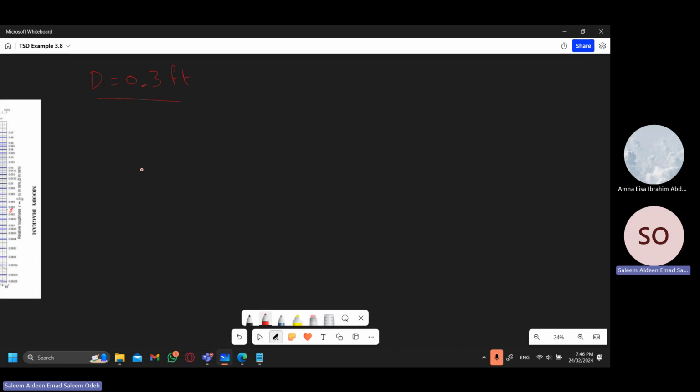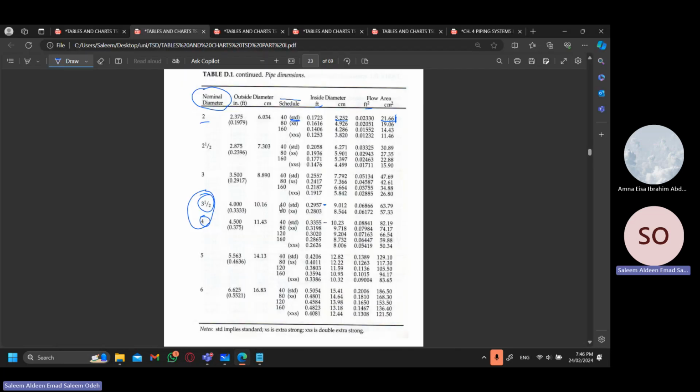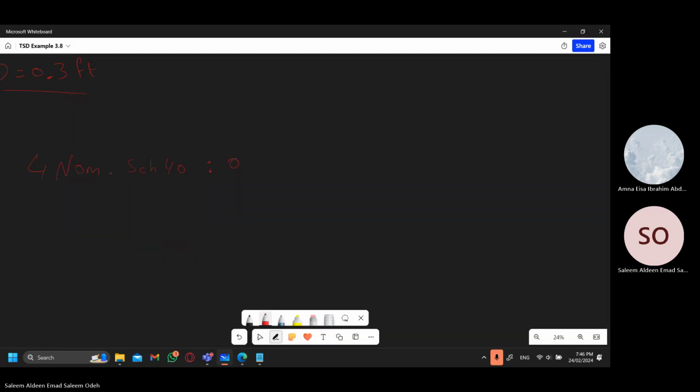Now, in 4 nominal diameter, schedule 40, because that was specified in the question, we have a diameter of 0.3355 foot. So now we will calculate the velocity.